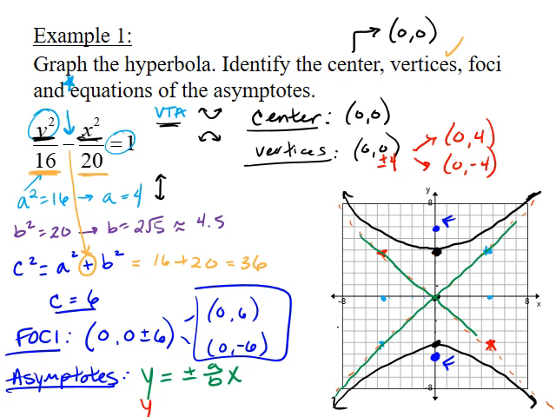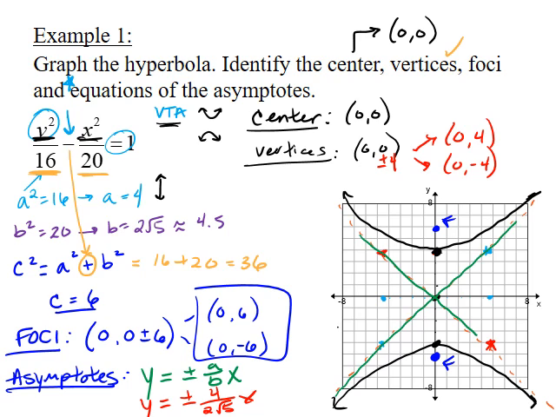So in this case, it's going to be y equals plus or minus a divided by b, which is 4 divided by 2 root 5, times x.